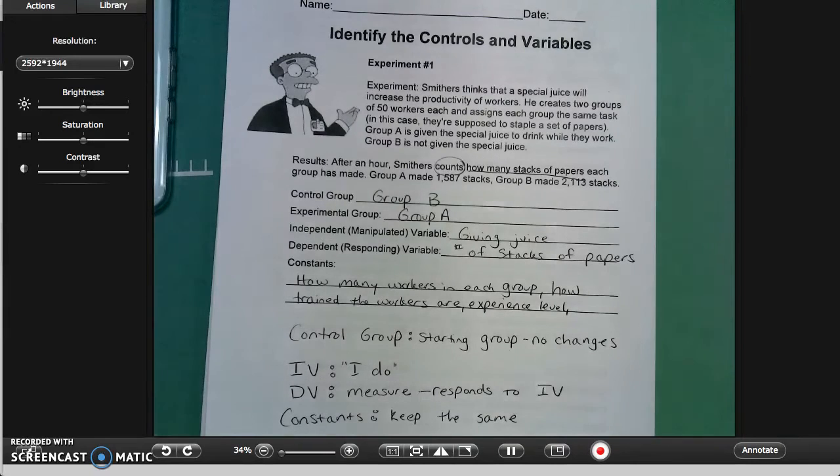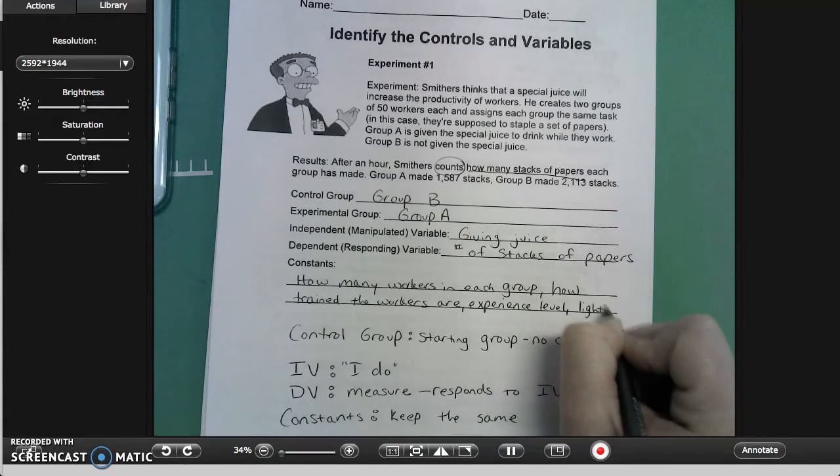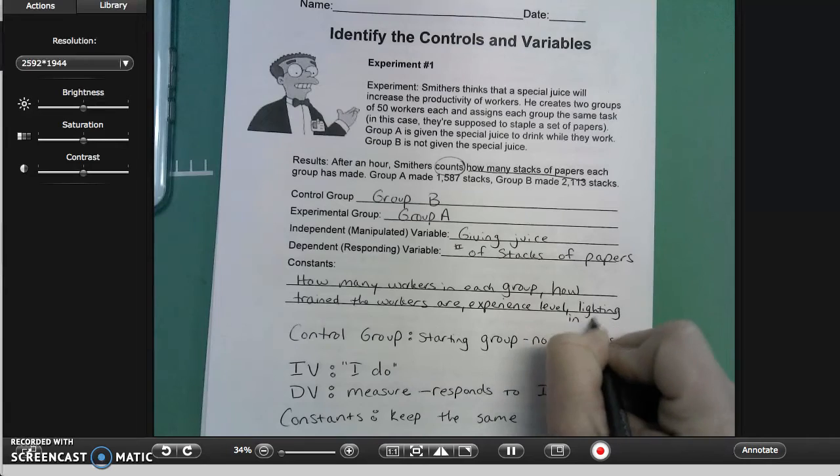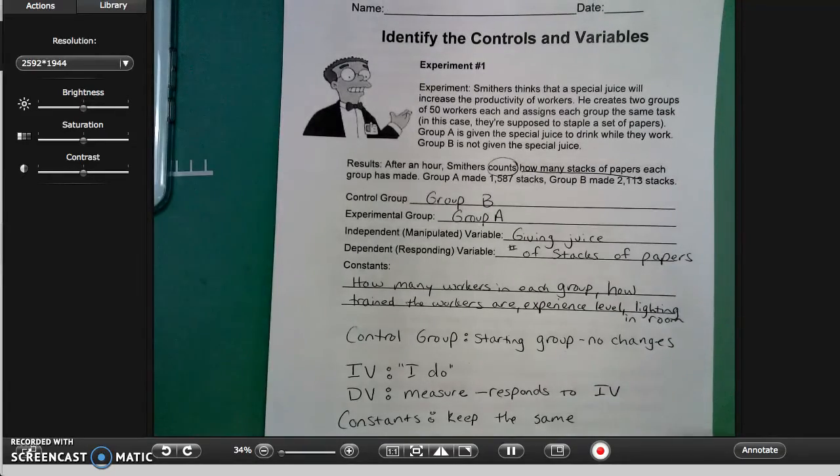A constant might be something as small as the lighting in the room or how hungry the workers are. So we want to make sure that they are in the exact same situation so that we know our data is reliable. So this is an example of how you would complete one of these assignments.